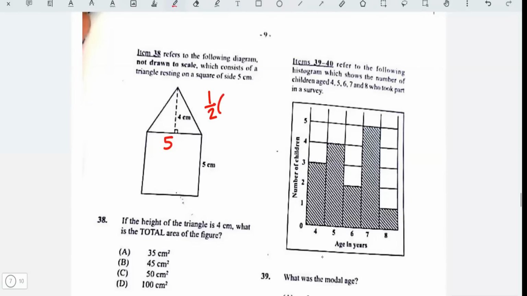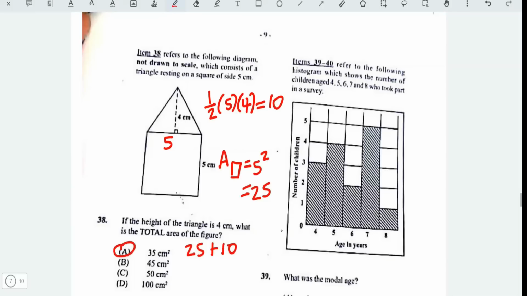Half base times height of 4, the area of the triangle is 20 divided by 2, which is 10. Then the area of the square is length squared, which is 5 squared, which is 25. So the total area is 25 plus 10, that is 35 centimeters squared. Nice.